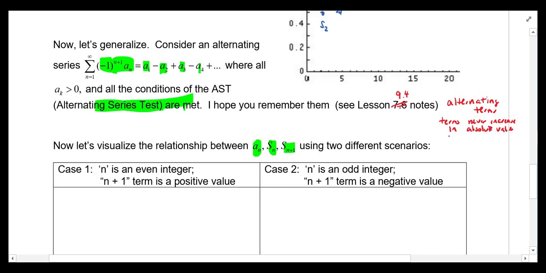And also the last one, right? The limit as n approaches infinity of the term must equal 0. Okay, so they meet. That's why this series converges to a number.